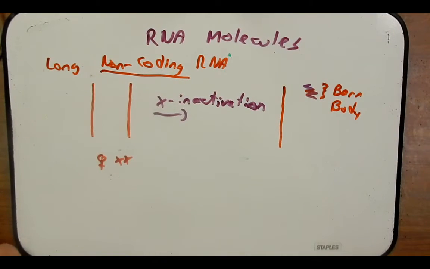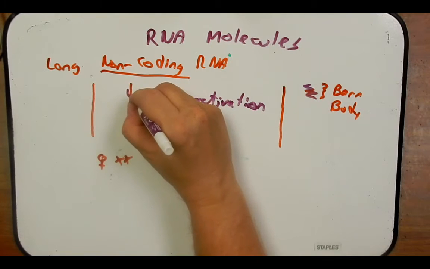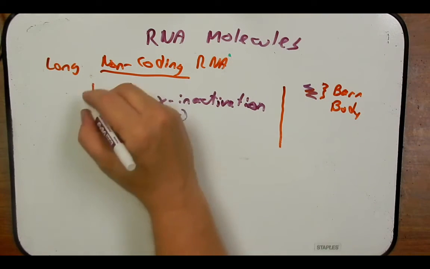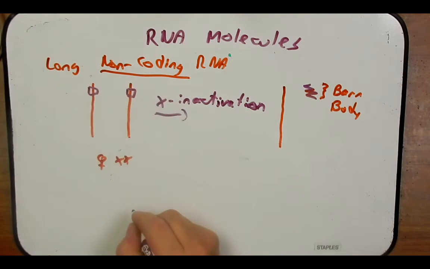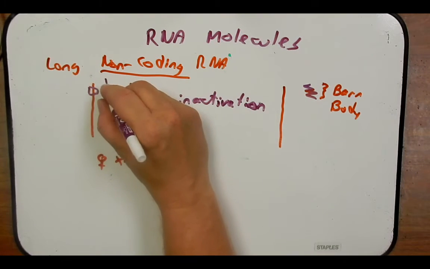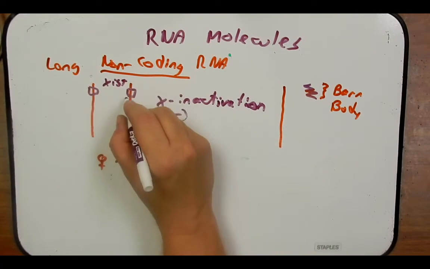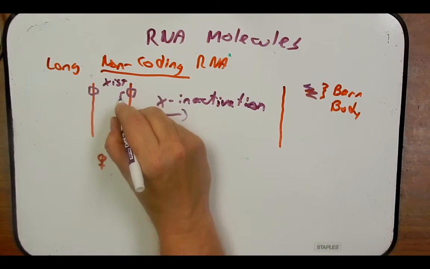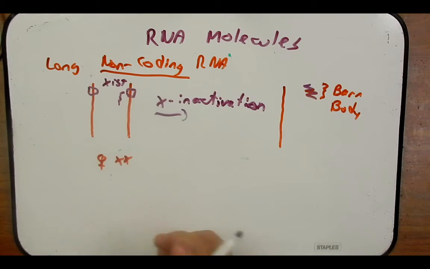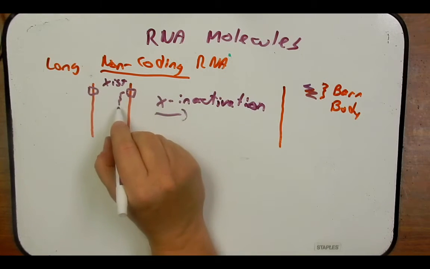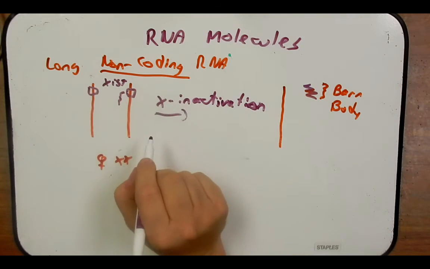What causes this, I should say, is this gene on both X chromosomes, but only one of them is activated, and it's called the XIST gene. And it produces a messenger RNA. I'm sorry. It produces these long non-coding RNAs.